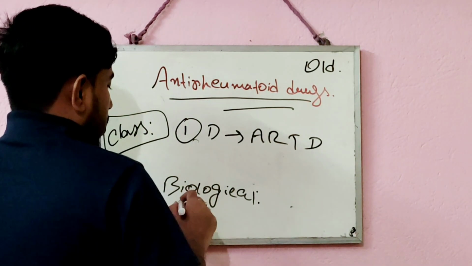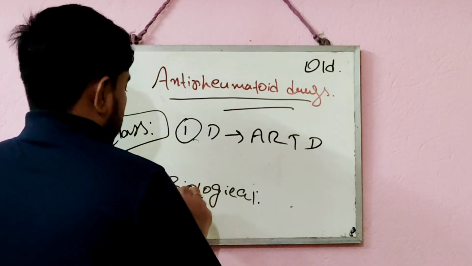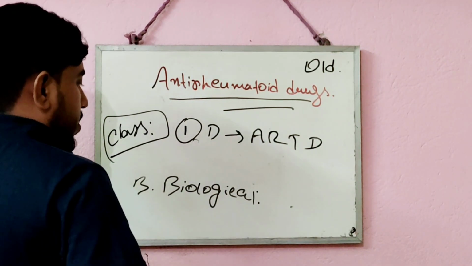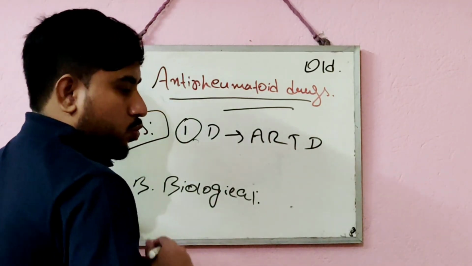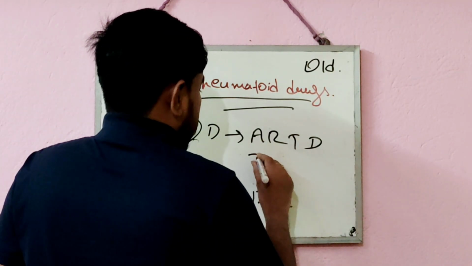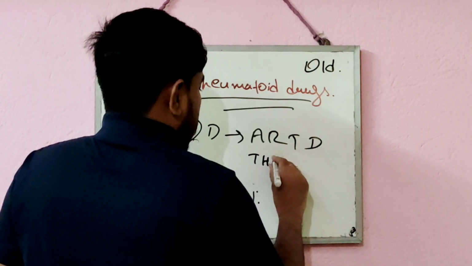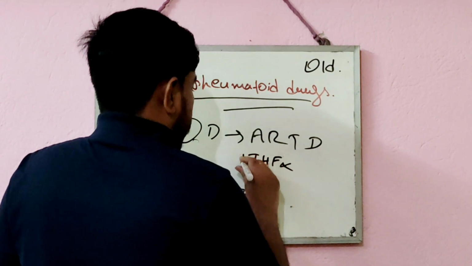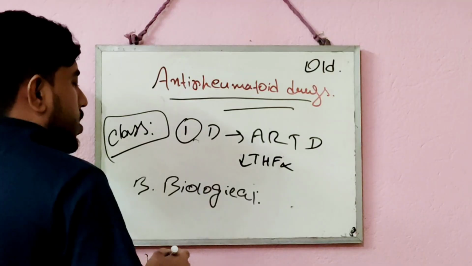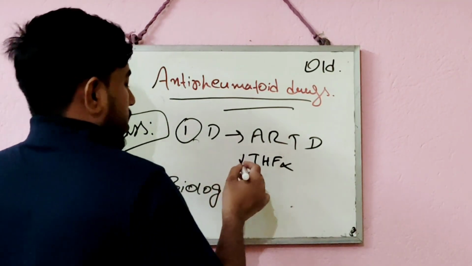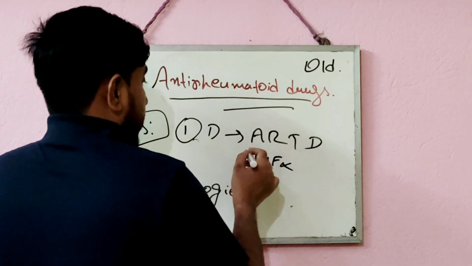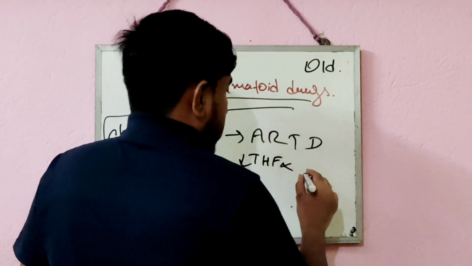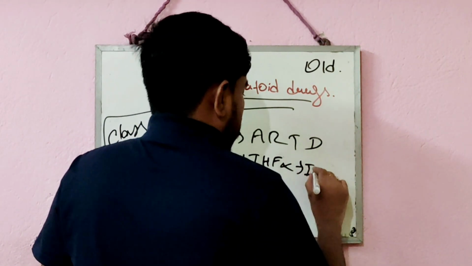Now we will study examples of biological anti-rheumatoid drugs. They can be classified into two parts. One generally acts by inhibiting the production of TNF alpha; an example is etanercept.